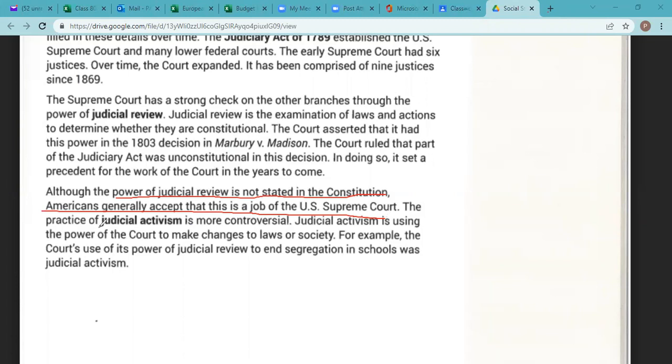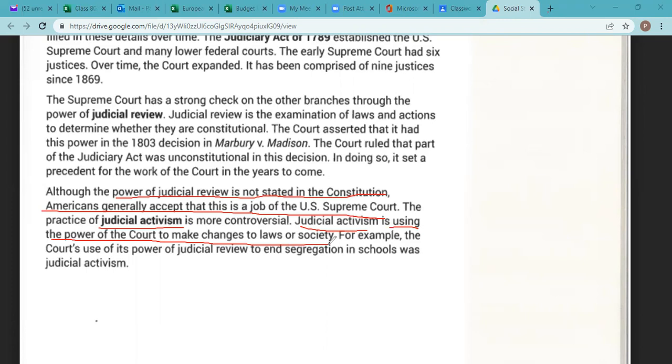Now, the practice of judicial activism is more controversial. Judicial activism is using the power of the court to make changes to laws or society. Now, remember, who did we say makes the laws primarily? We said that the legislative branch is the one that makes the laws.